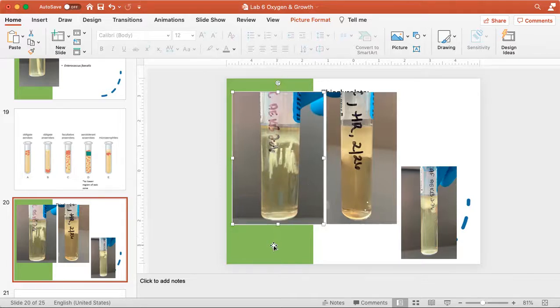So we've got an organism here, E. coli, that grows very well throughout the oxic zone and can grow less well throughout the rest of the tube. We have two categories left: facultative anaerobe and micro aerophile.